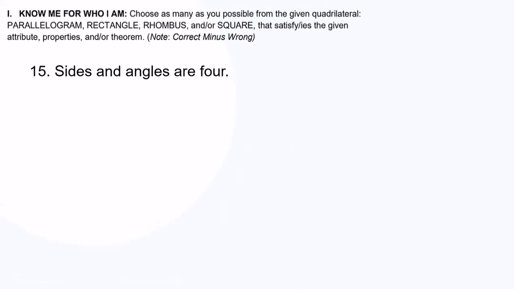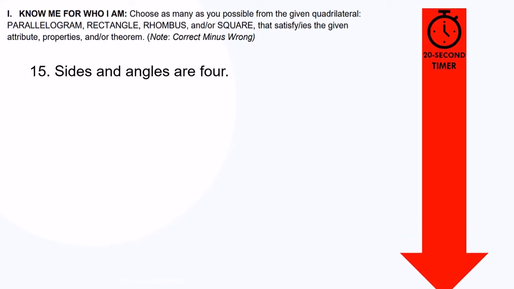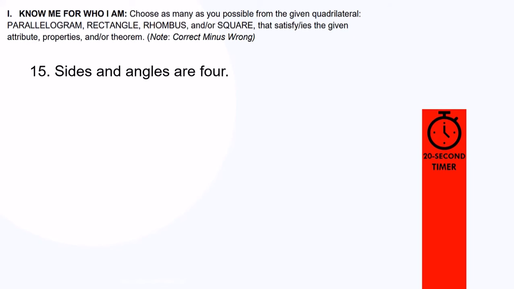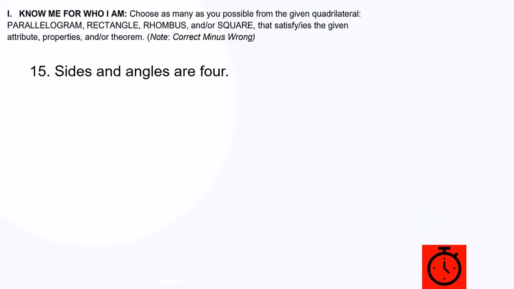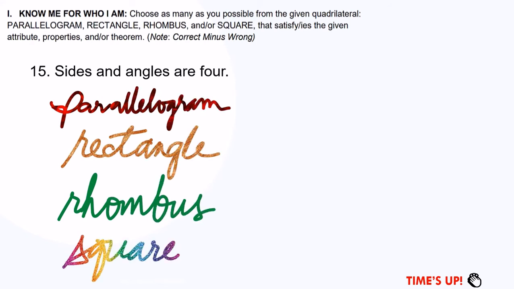Number 15. Sides and angles are for. Your 20-second timer starts now. Correct answer, parallelogram, rectangle, rhombus, and square.